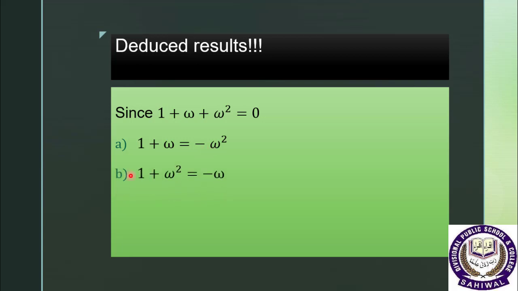The second result is 1 plus omega square is equal to minus omega. For this result, we took omega from the left hand side to the right hand side. For the third result, omega plus omega square is equal to minus 1. We took 1 from the left hand side to the right hand side. These three results help us in solving many problems in a simple and easy way.